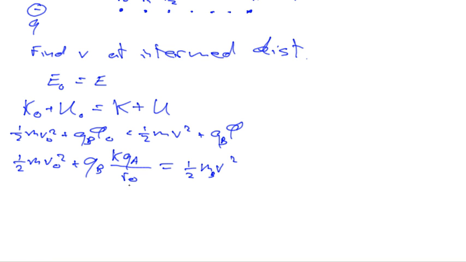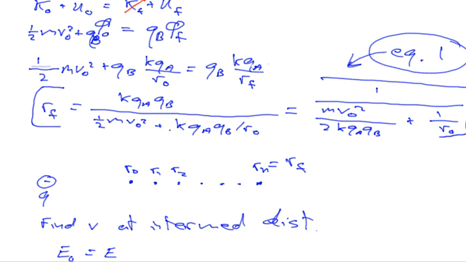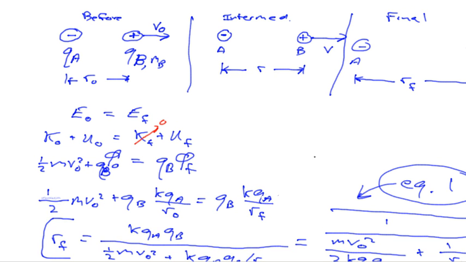This is all mb, by the way. We only have one mass in the problem, so maybe I can get away with calling it just m. That's what I've been calling it up here so far. So I'm going to use the symbol just m to represent the mass of particle B. So it's got a charge q sub B and a mass m.